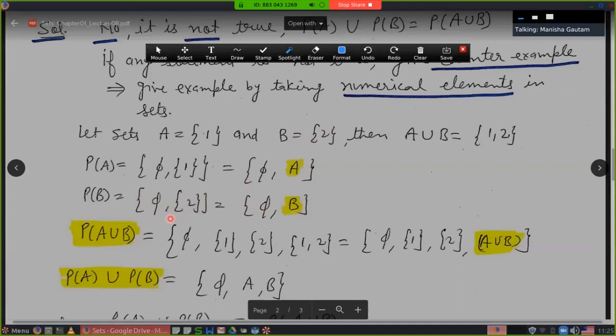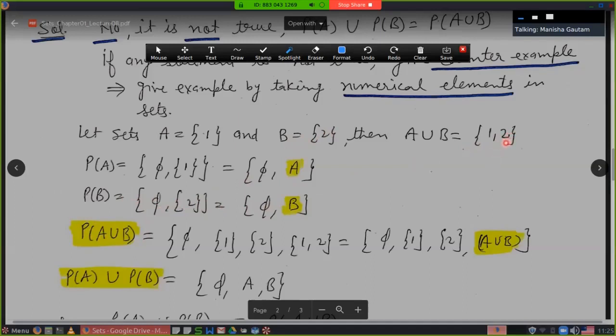Okay. Now power set of A union B. A union B has elements 1 and 2. How many subsets are there for this set? 2 to the power 2, which means 4.